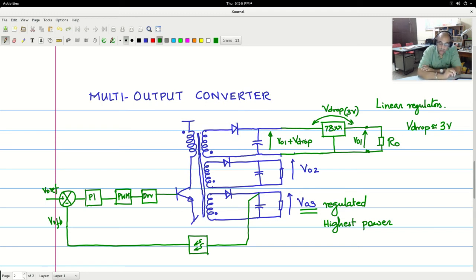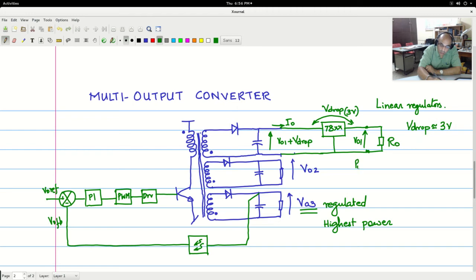Not only that, you have to enhance the power spec also, because the windings will have to carry that extra power. So if you have a load current I0 max which is flowing through R0, now I0 into V drop is also the power that this particular winding has to handle.